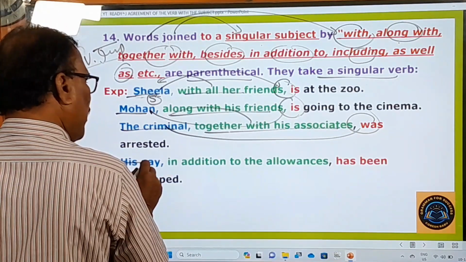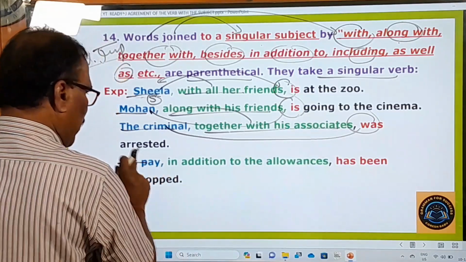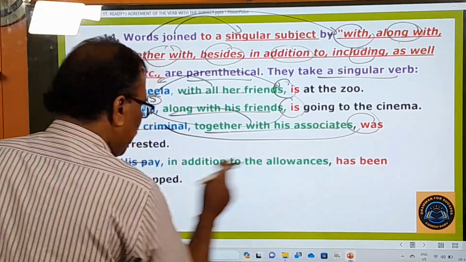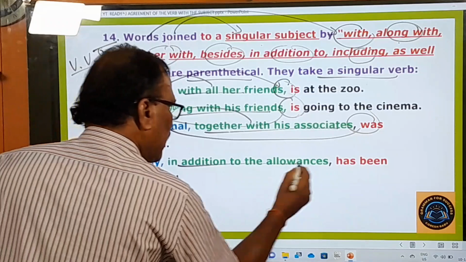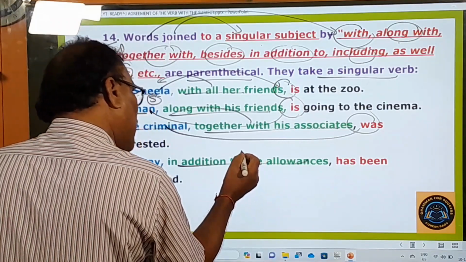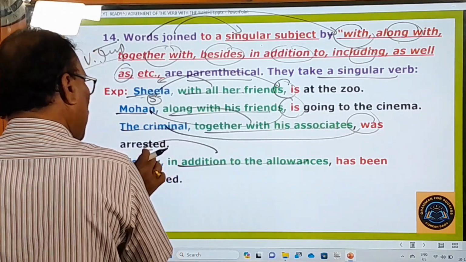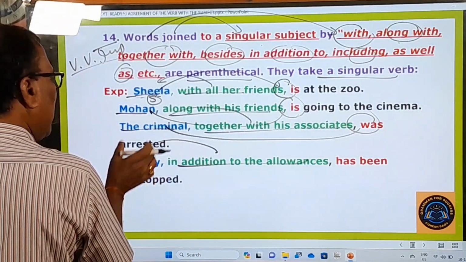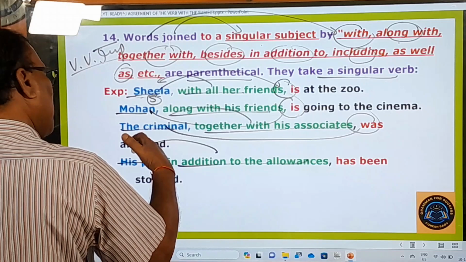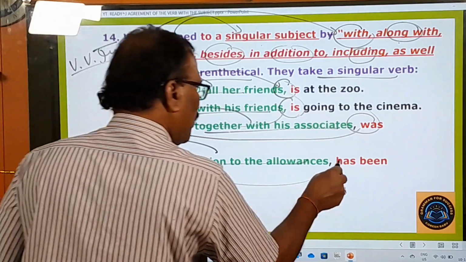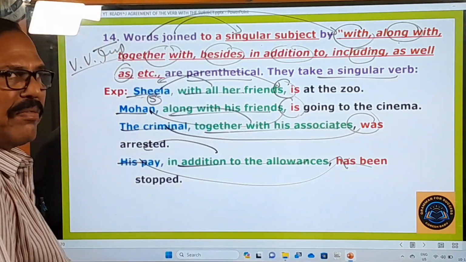His pay has been stopped. That should be the right sentence, but you are adding this information, in addition to the allowances, to this singular subject. And even though you add it to the singular subject, according to the singular subject only, use the singular helping verb.